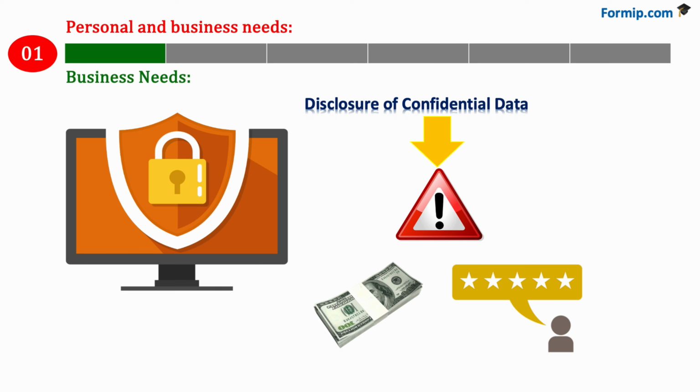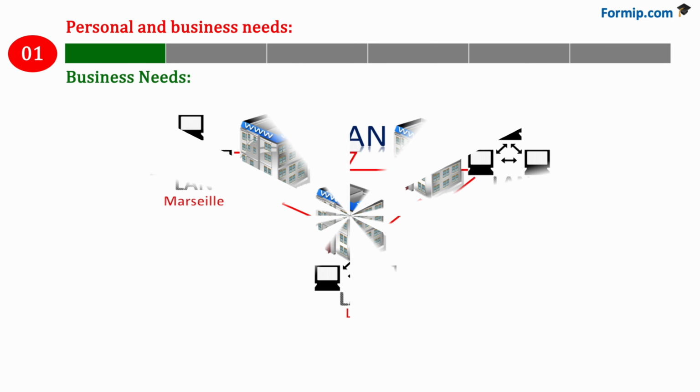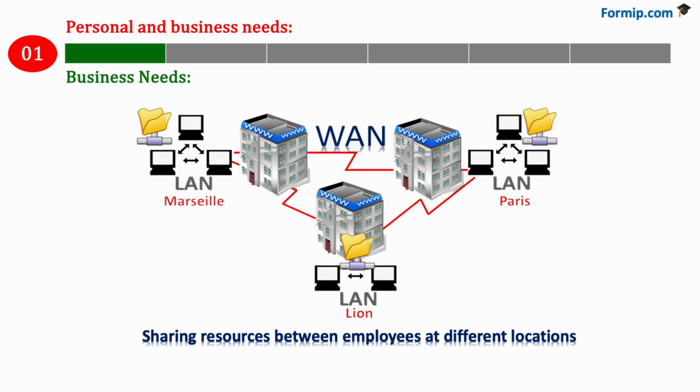And the last thing that differentiates companies from individuals is their resource-sharing needs between employees from different locations. In general, wide area network links, i.e. the WAN, allow employees of the same company to access shared resources to work. Well, these resources must be well optimized to avoid slowness between remote sites, which would cause a lack of productivity.